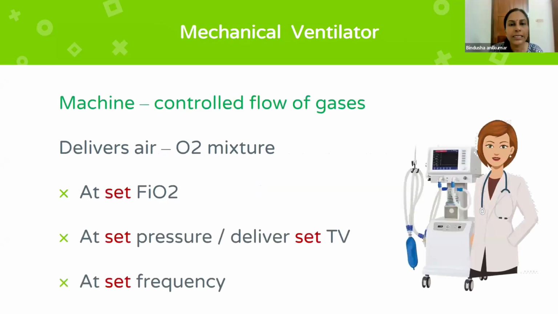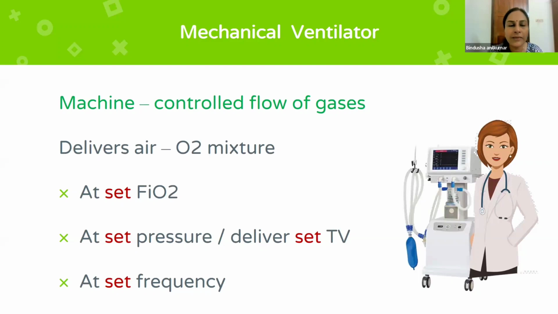So let us just see what is a mechanical ventilator. A mechanical ventilator is just a machine which gives a controlled flow of gases. We are connecting the mechanical ventilator to an air and an oxygen outlet from the wall. In the outlet, the air and oxygen both are coming at very high pressure.